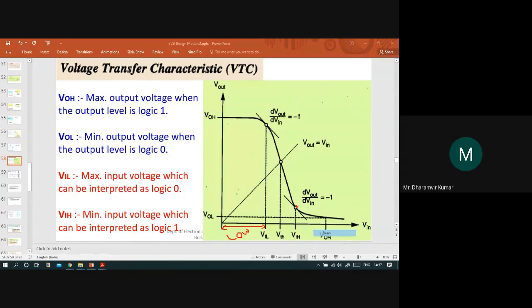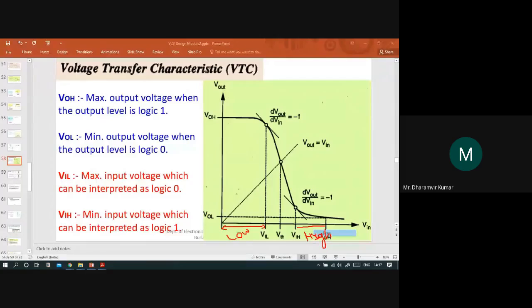When the input lies between VIH and VDD, the input is considered as a high logic value, and the output is low.